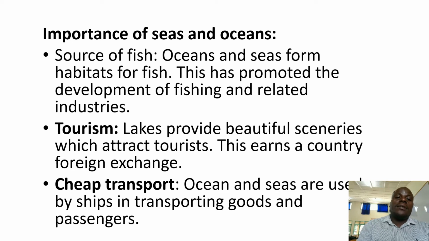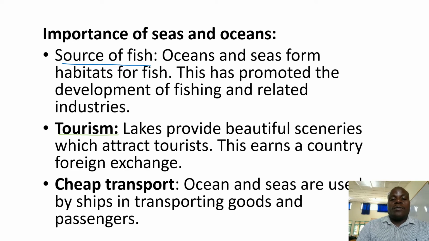Number 1, seas and oceans are a source of fish. They promote fishing, and when fish is caught, it acts as food for man. Next, seas and oceans promote tourism.